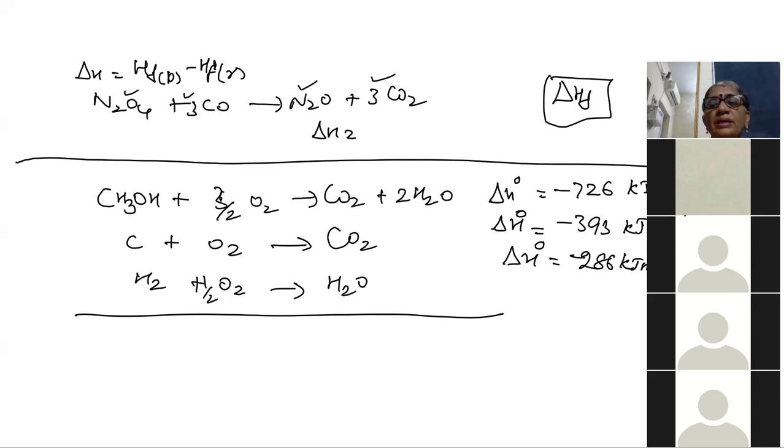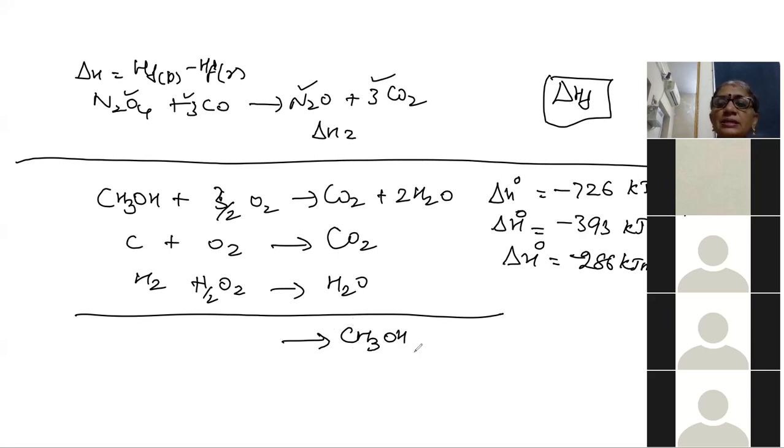Formation enthalpy of methanol is asked, right? So, how will you write the formation enthalpy of methanol? Formation means methanol is formed. So, how do we define formation enthalpy? We have to consider the equation which involves the formation of this product from its corresponding elements.